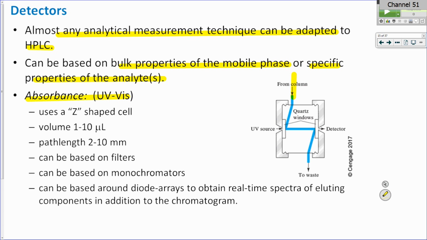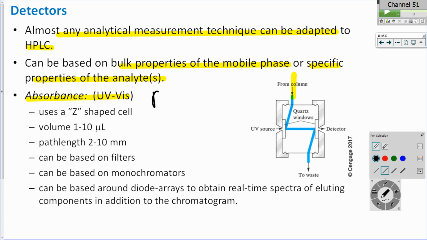So there's not much of a path length across it. If you remember the equation for Beer's law, absorbance is equal to molar absorptivity times path length times the concentration. So to maximize the absorbance that we see, we try to maximize the path length.